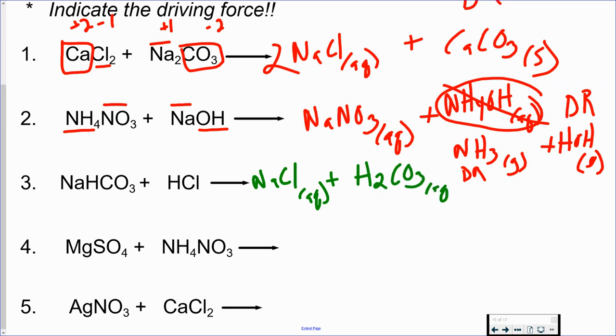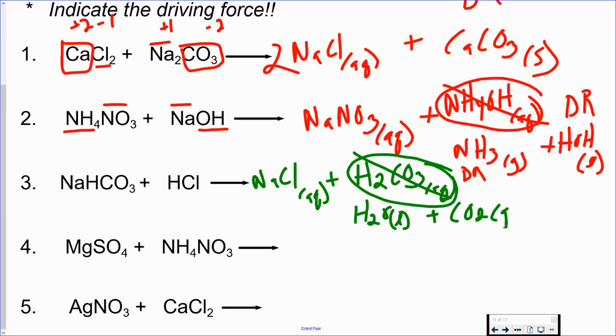This is an acid. It's aqueous. However, I know that this reaction occurs because that actually breaks up into water, liquid, plus CO2 gas. How do I balance it? It is balanced. I have 2 H's on the left, 2 H's on the right, 3 O's, 3 O's, 1 C, 1 C, and so on and so forth.